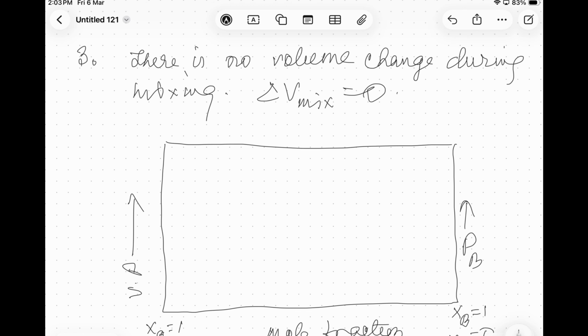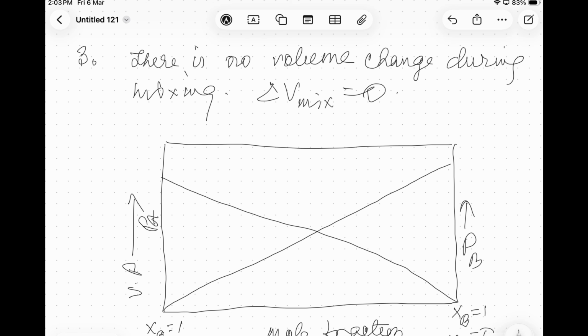And we will find that as mole fraction decreases, vapor pressure also decreases gradually.